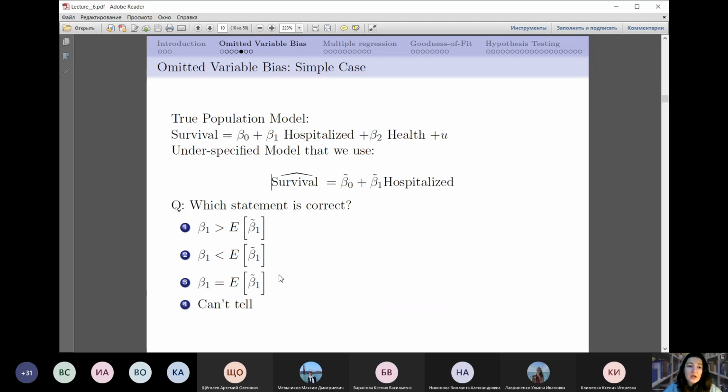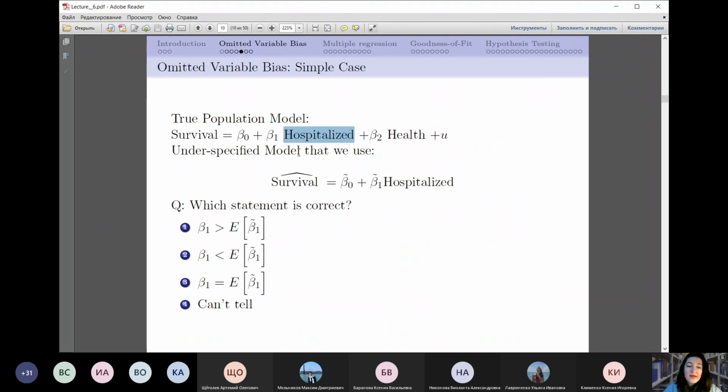And if you want to find the right answer among these, you need to think about two things. The first one is the correlation, positive or negative, between this variable and this variable.